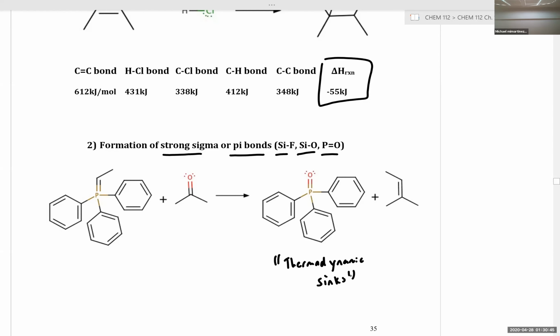Essentially these are super low energy species that can help drive reactions to completion. So Wittig reactions are often driven by formation of this very strong phosphorus oxygen double bond. So this delta H is less than 0. This is typically an exothermic reaction and can run away if you aren't careful. Okay, so these are ideas of how reactions can be favored via enthalpy.